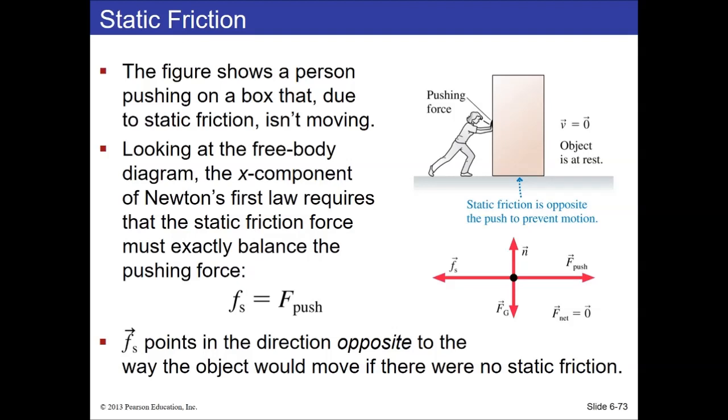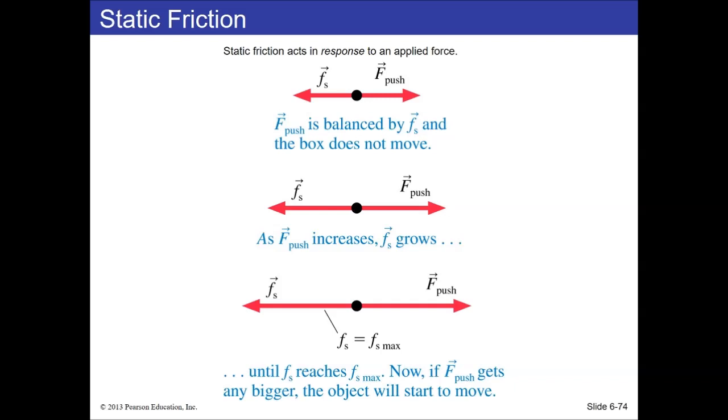Static friction is going to be pushing to the left, opposing the start of motion. The motion would be to the right, but it's opposing that. So what we're seeing here is that static friction is whatever it needs to be. You push, and the box doesn't move; static friction is equal to that push. Push a little harder, and static friction is a little bit bigger.